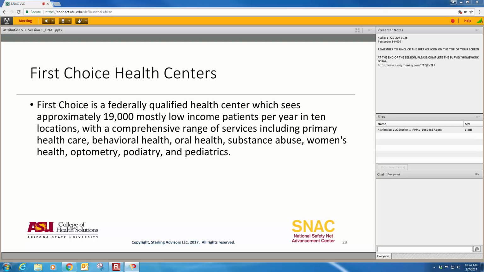We've been around since 1996. However, behavioral health really came into the fold of the center back in 2014. So I've been at First Choice for the past 4 years.